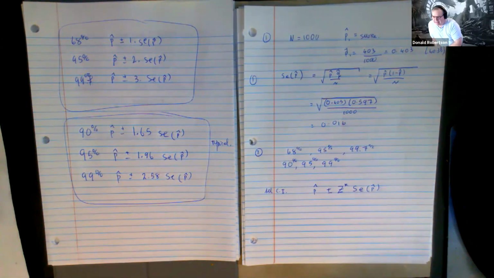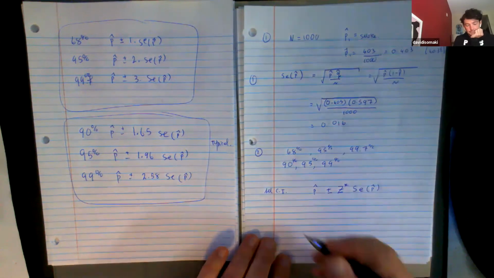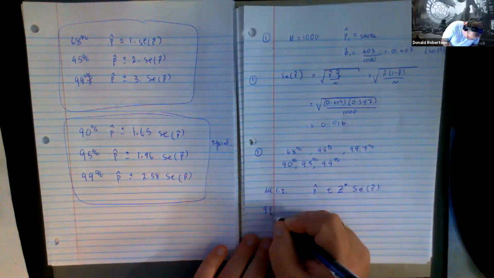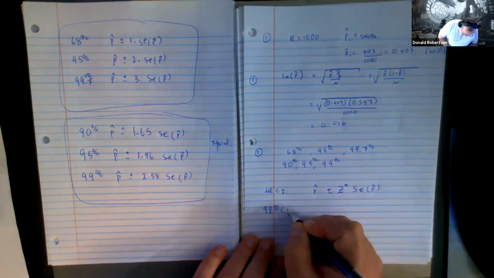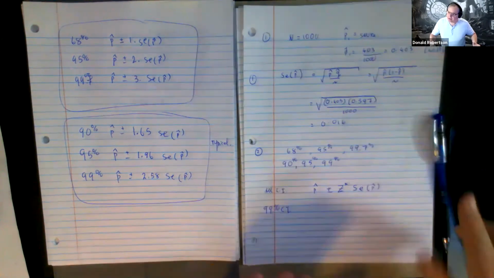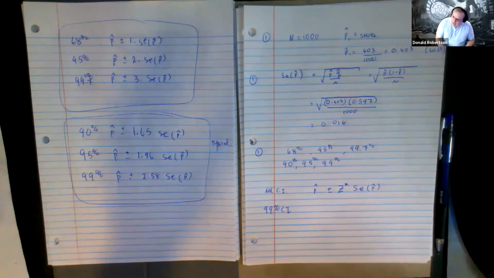I think they have a 98, but I don't like that one either, right? 95 and 99. So which one do you want? Just pick one and I'll do it. 99. 99 gets the job. So if I'm going to do a 99% confidence interval, do you think that interval is going to be pretty big or relatively small?